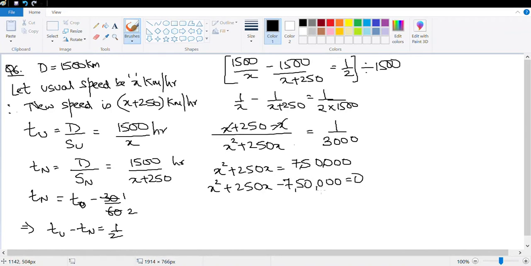I need to find factors of 7,50,000, the sum or the difference of which should be 250. If I notice, the answer is here itself, 750 and 1000. Yes, the answer is here, 750 and 1000. So let's do it. X square minus 750x plus 1000x minus 7,50,000 is equal to 0.